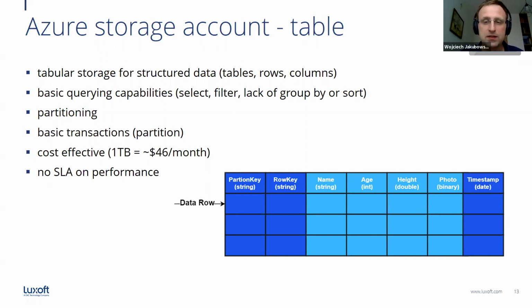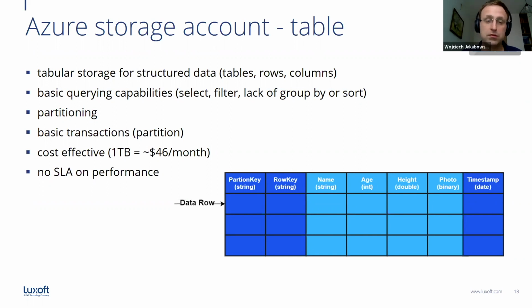All the data is partitioned so that each of the rows belongs to one specific partition, and it's addressed with a partition key and row key. So searching for a particular row, like accessing it when you have partition key and row key, is super quick.